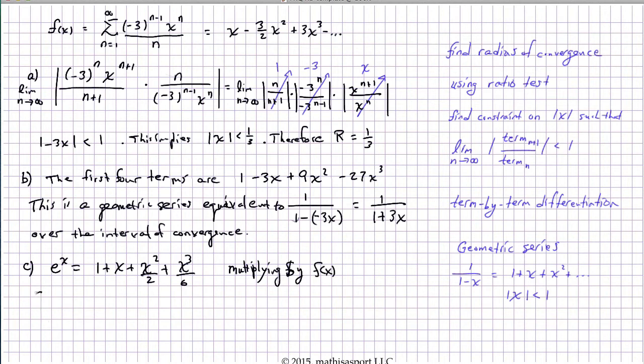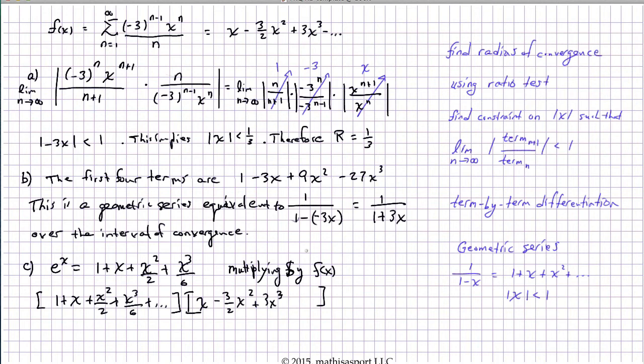Well, we have one series which is 1 plus x plus x squared over 2 plus x cubed over 6 plus an ongoing infinite set of terms, and that has to be multiplied by x minus three halves x squared plus 3x cubed.